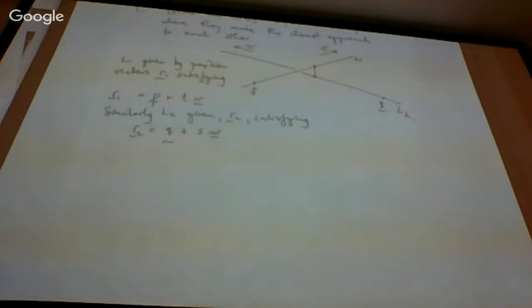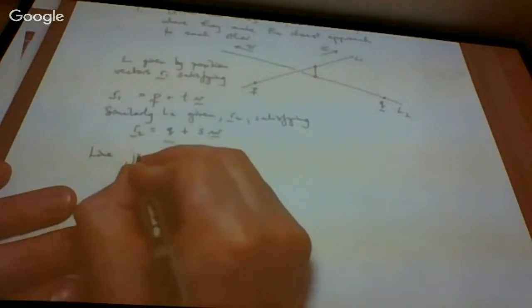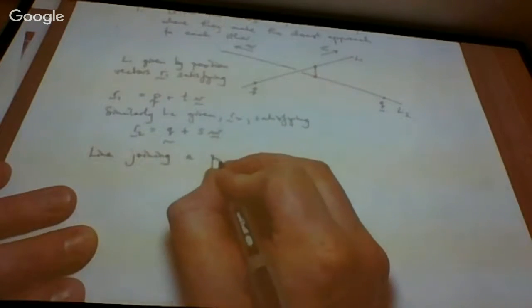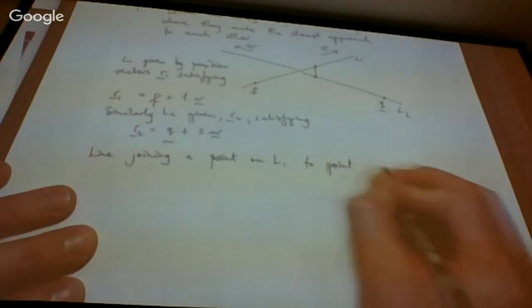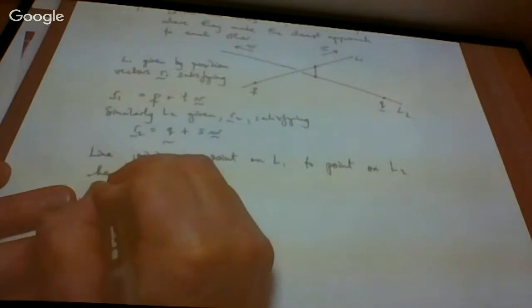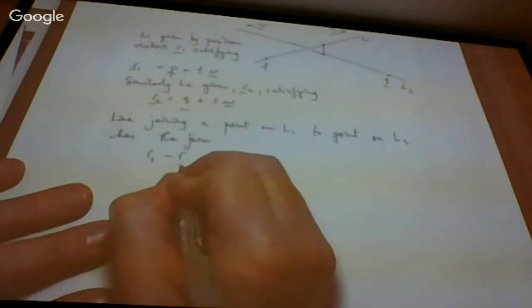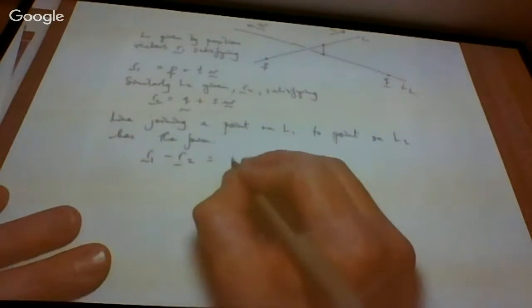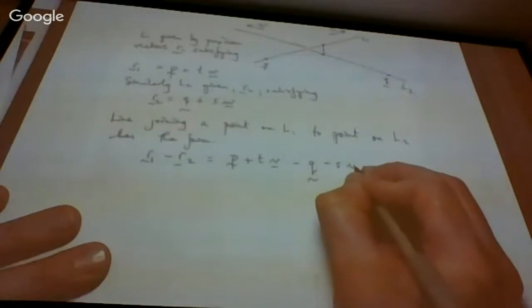So this red vector that we're looking at here, the line joining a point on L1 to a point on L2, has the form R1 minus R2, which is going to be P plus tV minus Q minus sW.